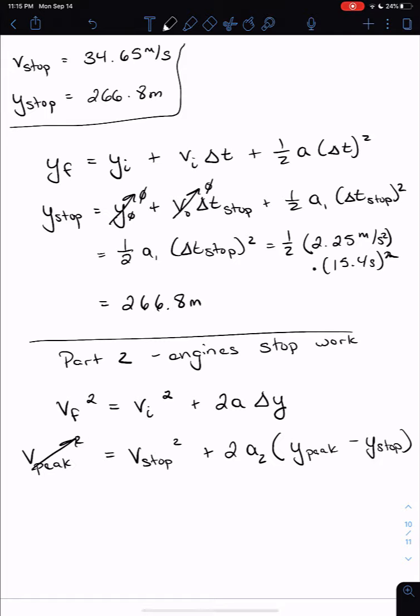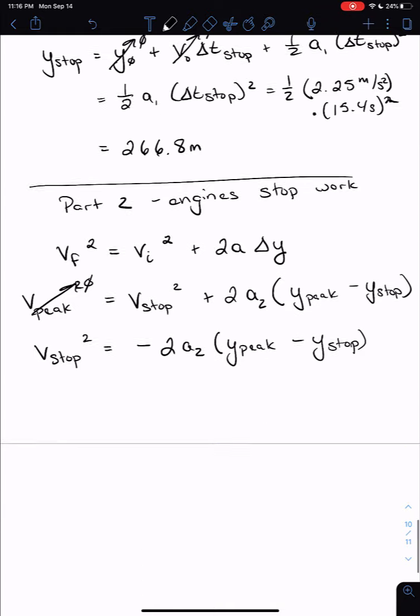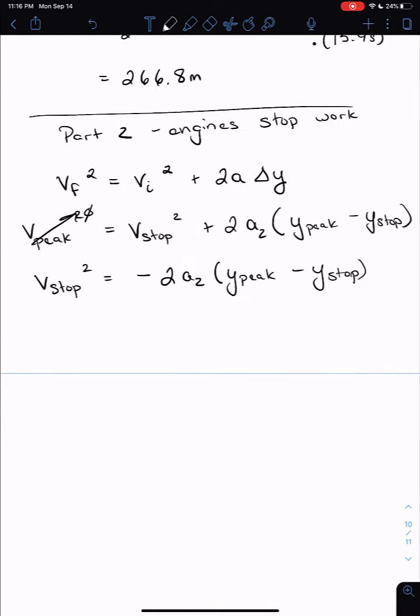Now this peak velocity is 0, so we'll lose that. And we can go through and start to rewrite things a little bit. So v sub stop squared is going to be equal to negative 2 times the acceleration in part 2 times the difference in distance in part 2. We're going to start to do a little bit of algebra because, again, my goal here is to try and find y peak.